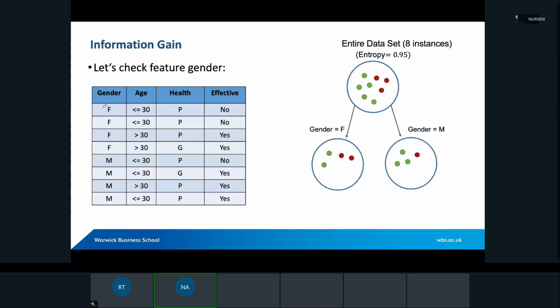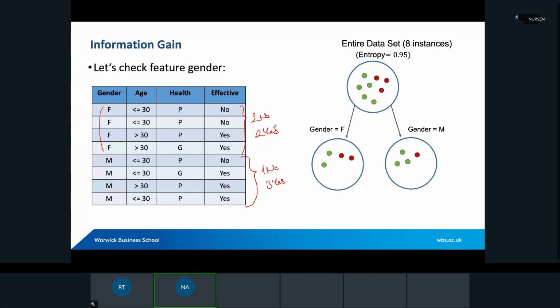In gender female, we have two no cases, 2 yes cases. And for gender male, we have 1 no, 3 yes cases. So these trials are created based on this distribution.